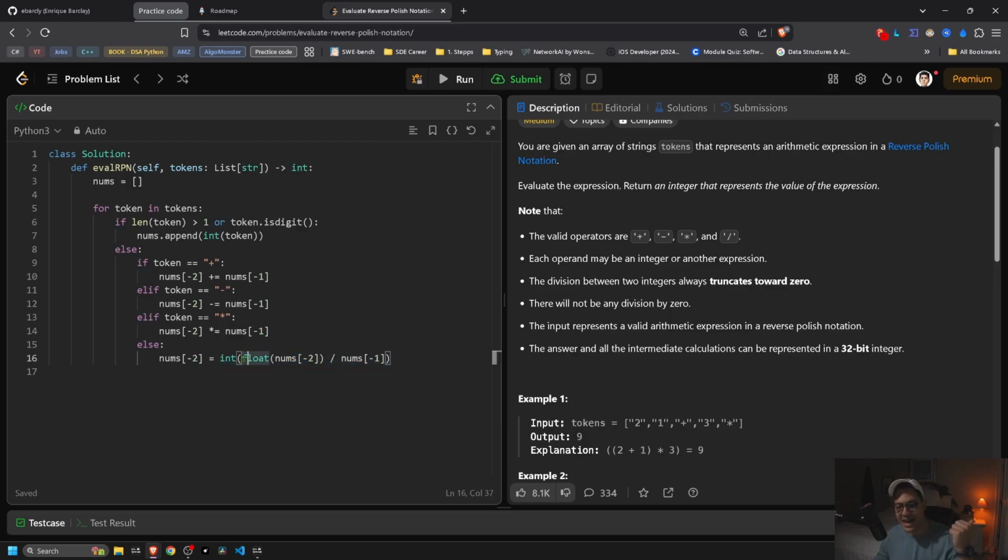But at the time of doing the operation, we want to make sure we're departing from the fact that the number is a floating point because we're using this type of operator.